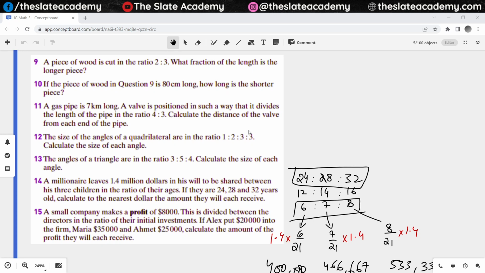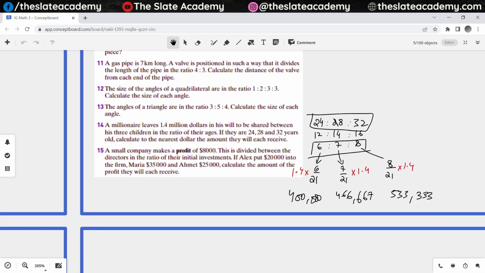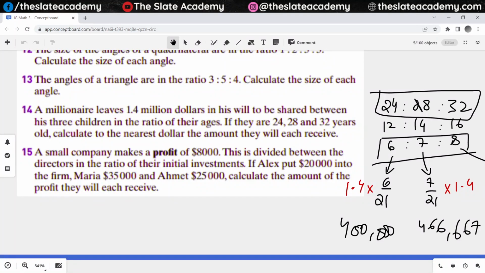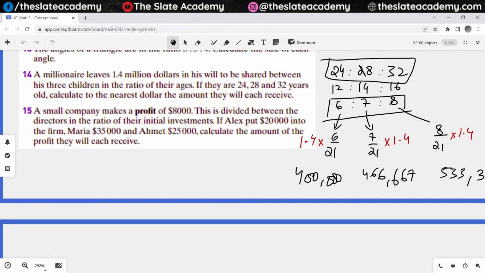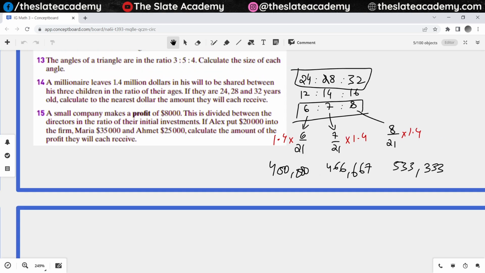Mr. Arman, Miss Anam. So this person had left behind some wealth, $1.4 million, and this wealth was to be distributed among his children in the ratio of their ages. So first we calculated the ratio of their ages. I mean, just simply put down the ages in the ratio form.